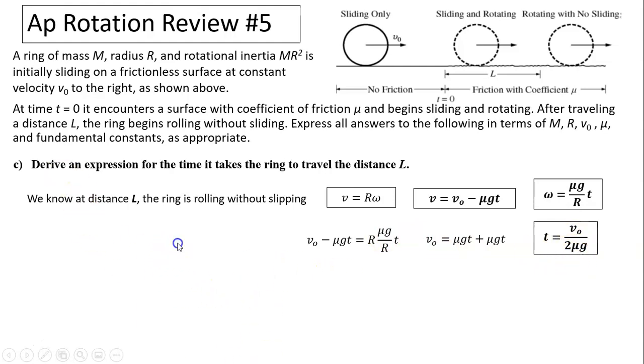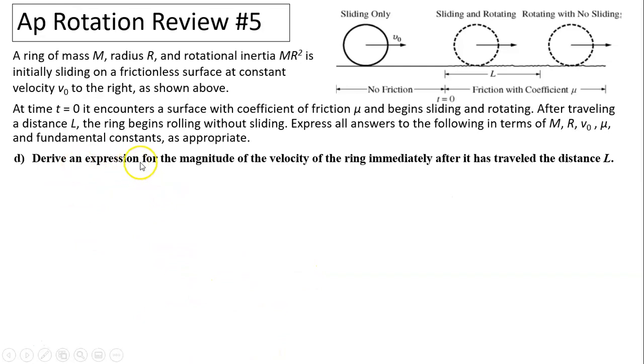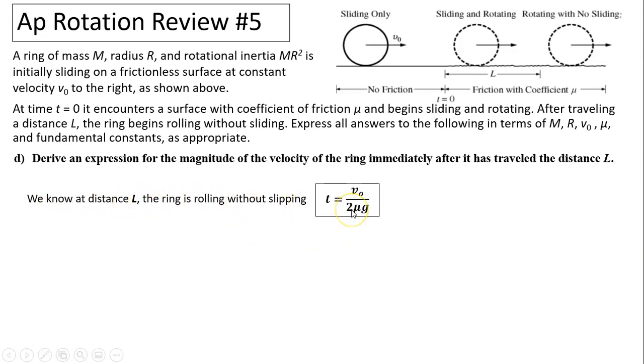That is the time. Next part, derive an expression for the magnitude of the velocity of the ring immediately after it has traveled the distance L. What do we know? At distance L, the ring is rolling without slipping. We already figured out the time.